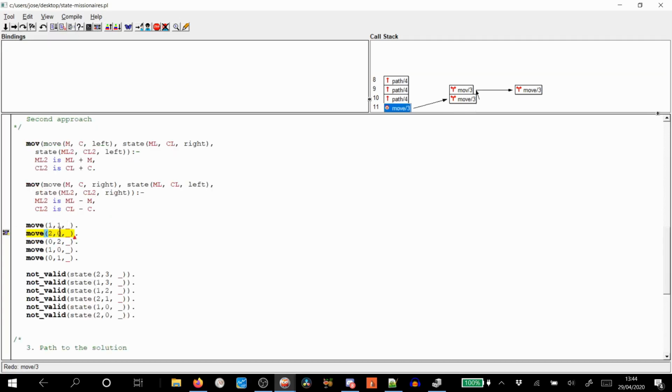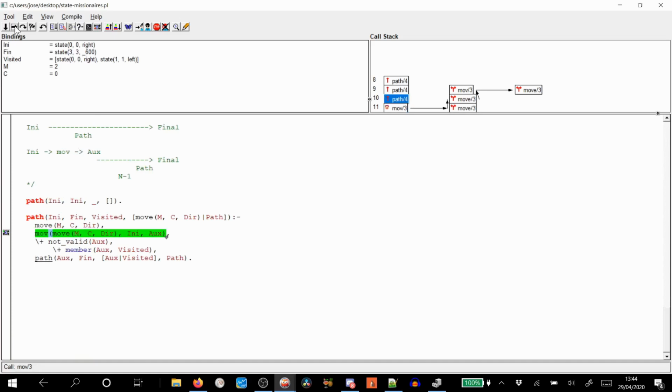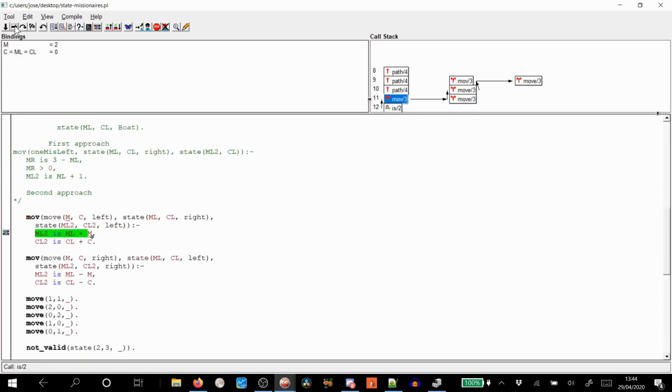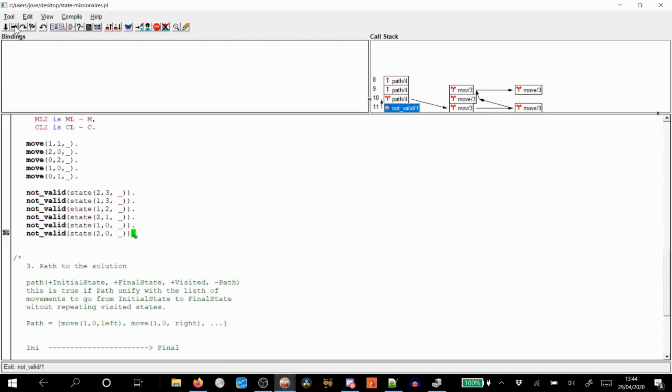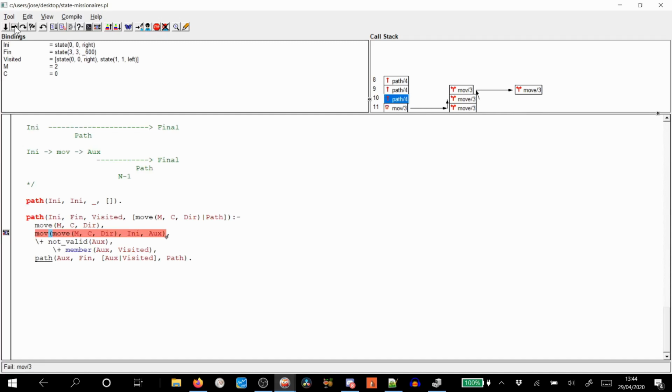Try to move 2, a new option, to 0. Not valid state.